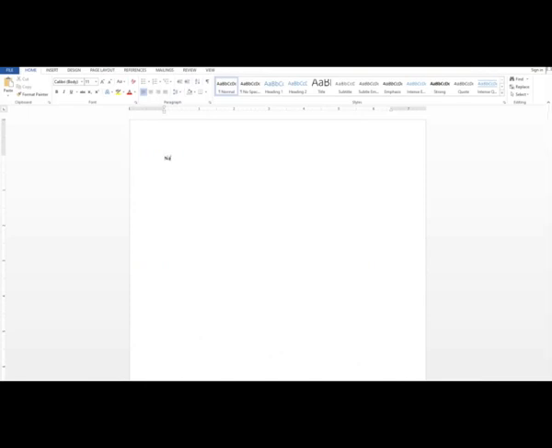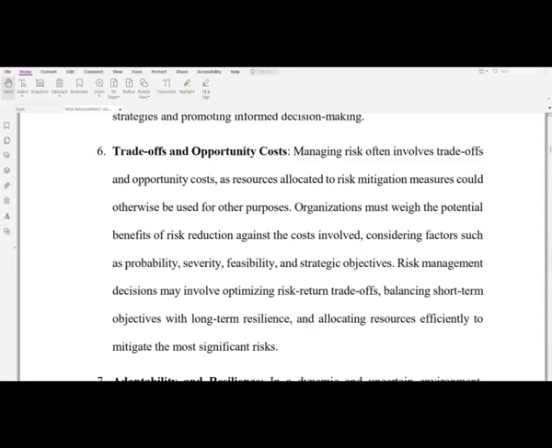Still on nature of risk. It talks about the dimensions, the perception, the attributes, trade-off, and opportunity cost.